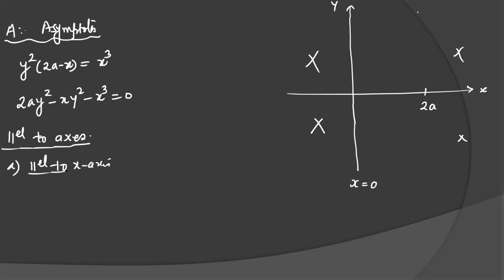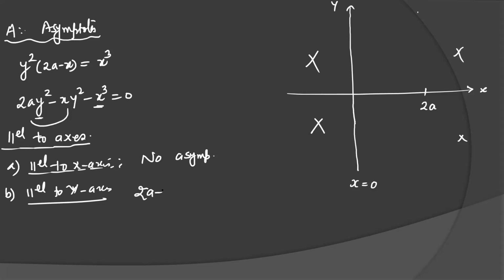For this, take the highest degree of x, that is x cube. The coefficient is -1, which cannot be equal to 0. So no asymptote parallel to the x-axis. Parallel to the y-axis: the highest degree of y is 2, and its coefficient is 2a minus x. If you equate it to 0, x equal to 2a is the asymptote.